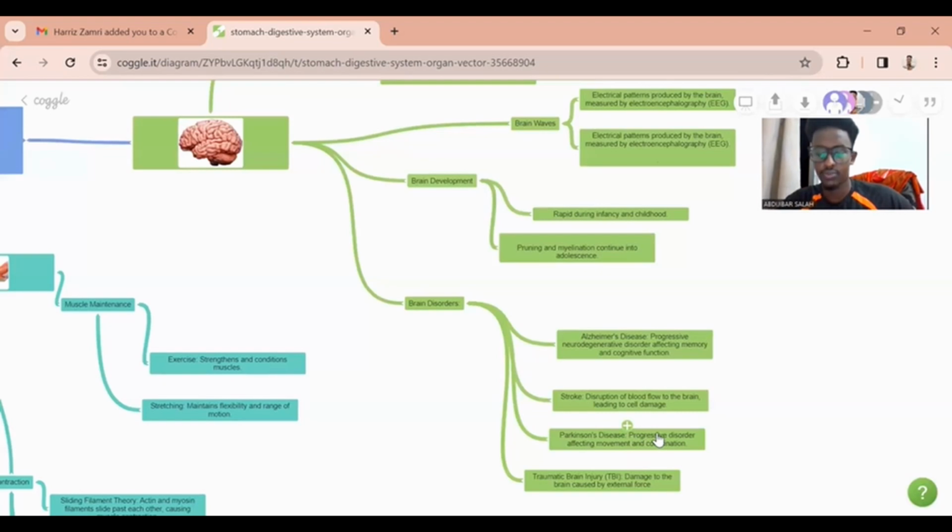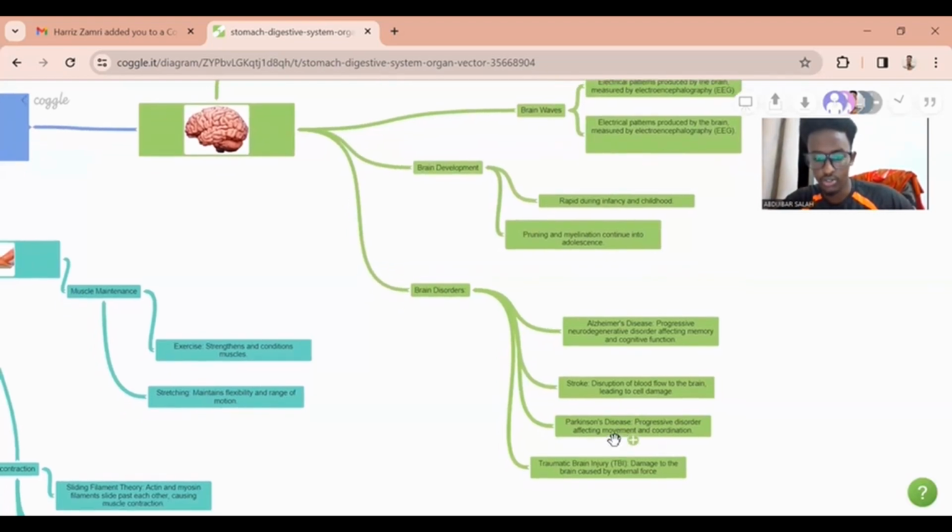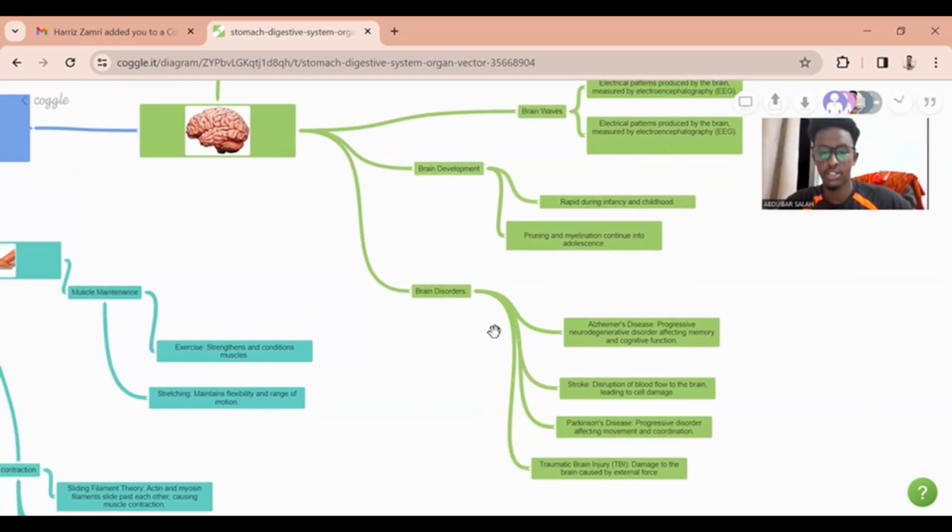Parkinson's disease is one of the brain disorders, a progressive disorder affecting movement and coordination. Traumatic brain injury, or TBI for short: damage to the brain caused by external force. That's all my explanation.